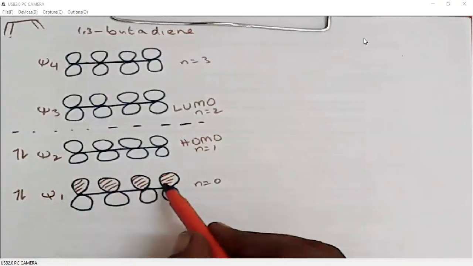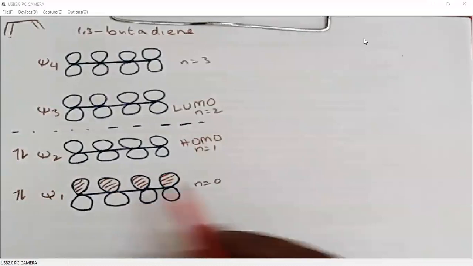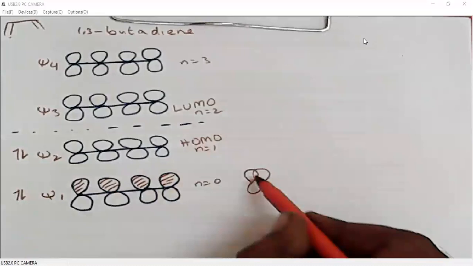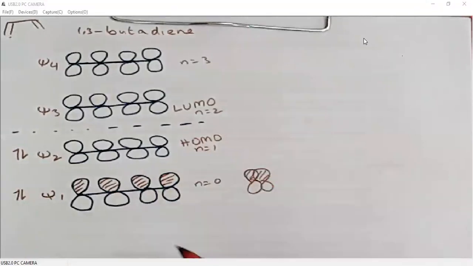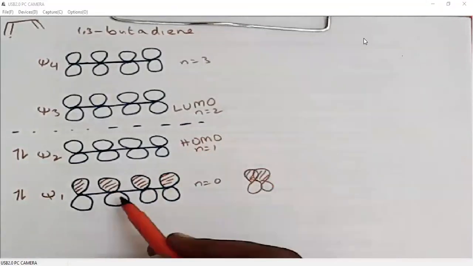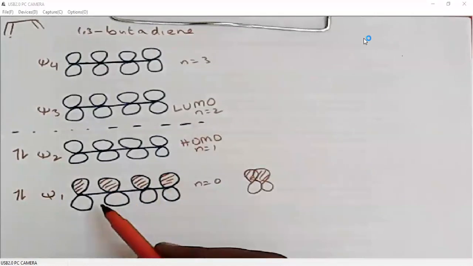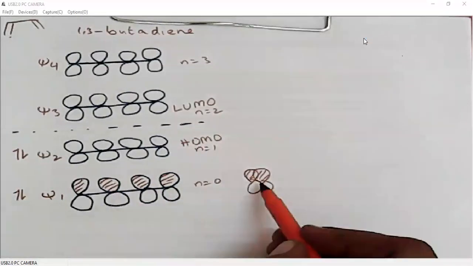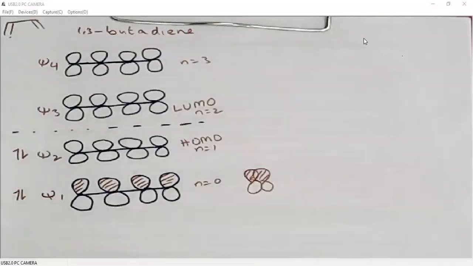To be frank, we need to write them overlapping like this, but for simplicity and clarity, we represent them like this.